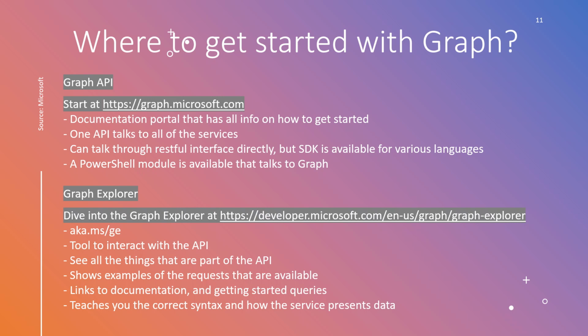It gives you examples of requests that are available. It has links to the direct documentation. There are popular getting started queries available for reference. Graph Explorer teaches you the correct syntax and how the service presents data.